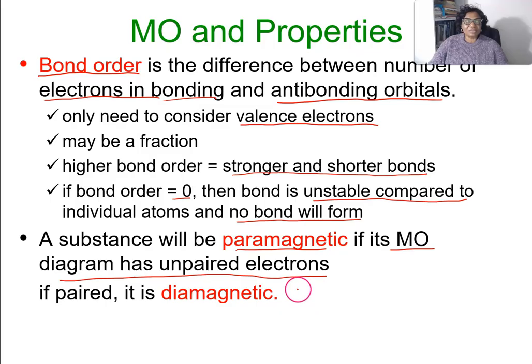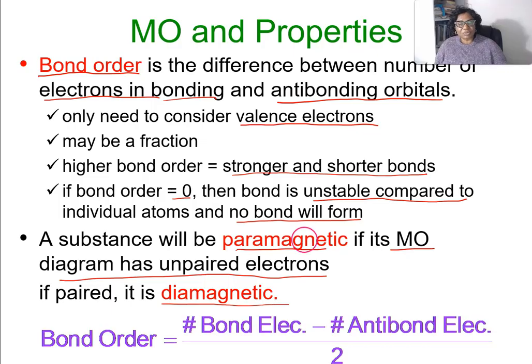If the electrons are paired, then it is diamagnetic. So how do we calculate the bond order? Mathematically, bond order is the number of bonding electrons minus the number of antibonding electrons, divided by 2.